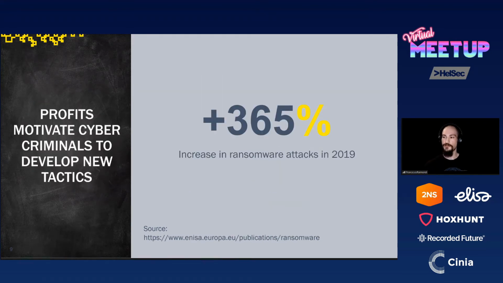And as I mentioned, the number of ransomware attacks conducted against companies has increased exponentially. We saw an increase as high as 365% in 2019 compared to previous years, according to the NISA. And again, these are just statistics based on what has been detected and reported. The reality is that all these numbers are unfortunately way, way higher.